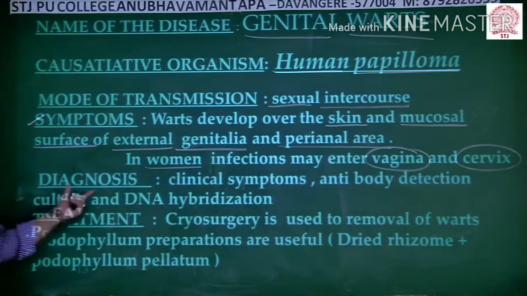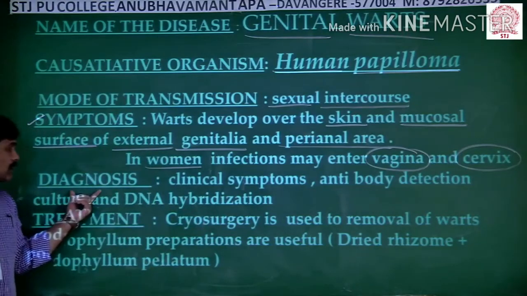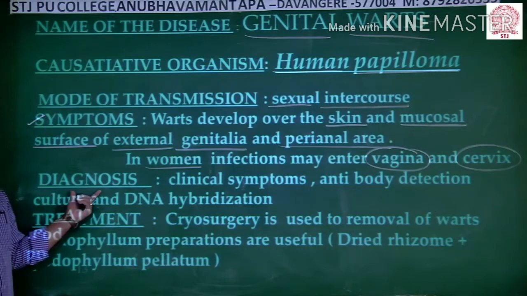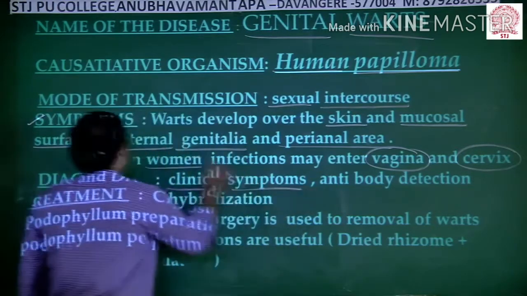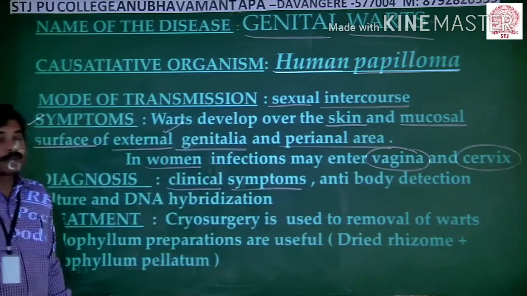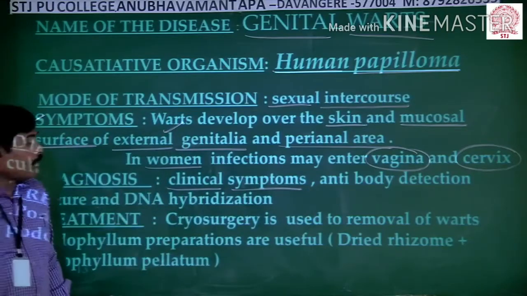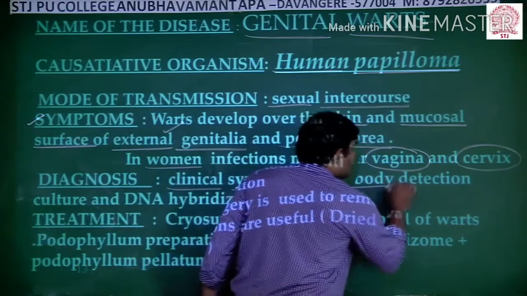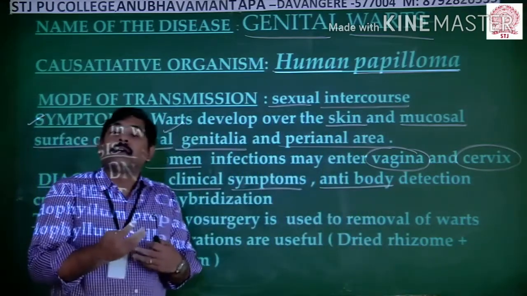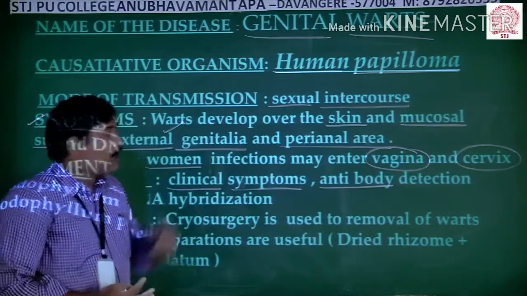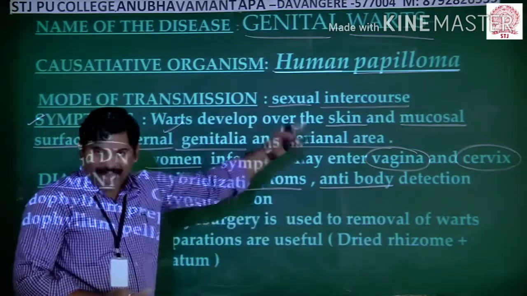Then, what is the diagnosis? What methods are available to diagnose this? Clinical symptoms: by studying all the above mentioned symptoms, you can identify this. Thereafter, antibody detection: the type of antibodies developed within the body against the pathogen or antigen.